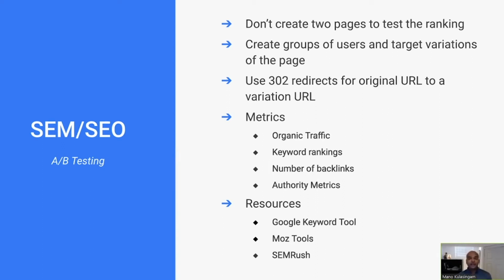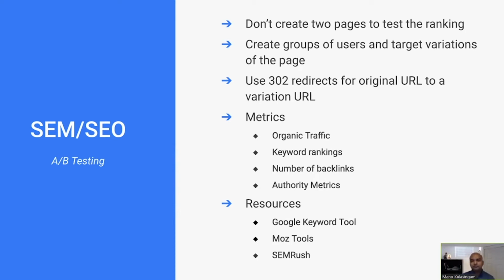And the way you can do that is to use 302 redirects, which are temporary redirects, for your variation URLs, but you're testing it on the same content, and you're not using a 301, which is a permanent redirect. What's important is that with a 302, the search engine bots won't penalize you for this, and so it won't impact your ranking. So that's the way you want to test your ranking variations.